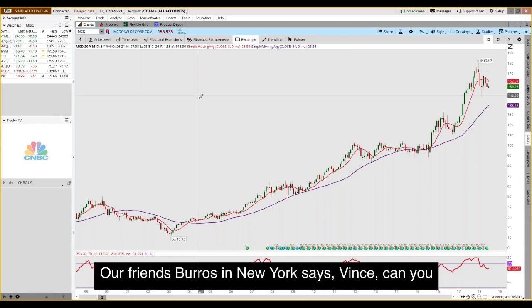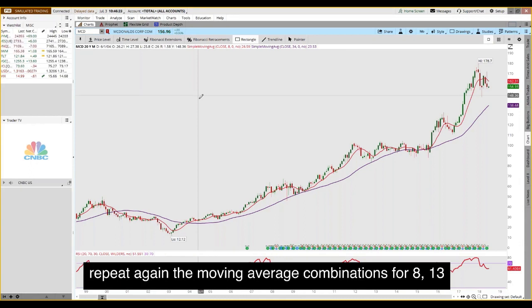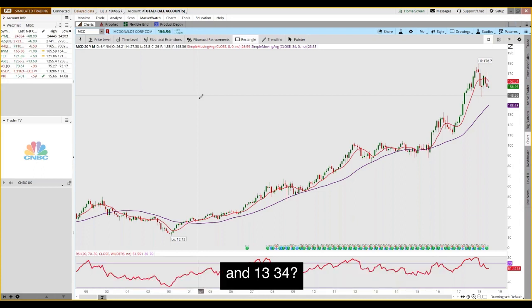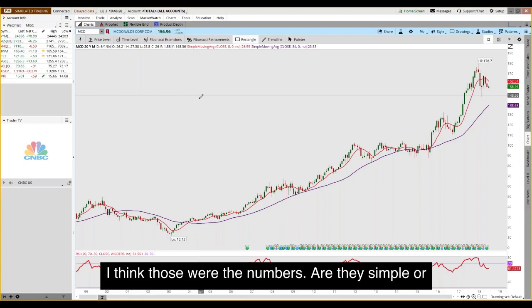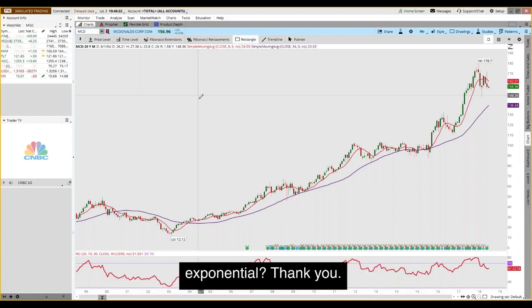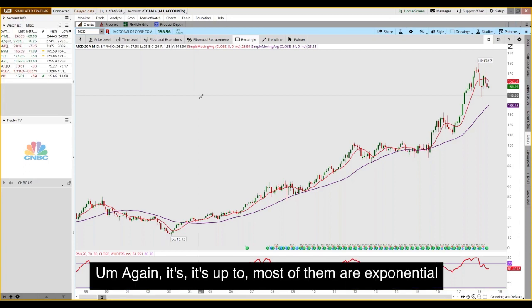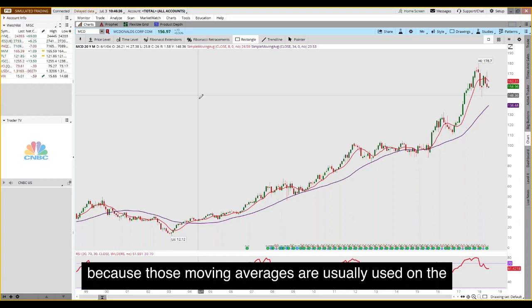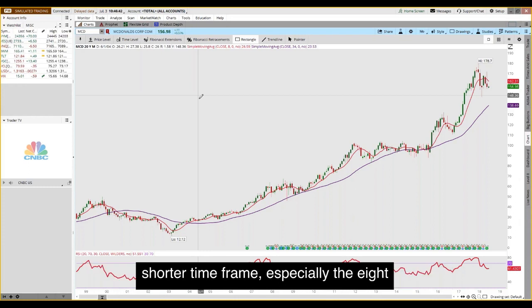Our friend Spiros in New York says, Vince, can you repeat again the moving average combinations for 8, 13 and 13, 34? I think those were the numbers. Are they simple or exponential? Thank you. Again, it's up to you. Most of them are exponential because those moving averages are usually used on the shorter time frame, especially the 8 and 13.